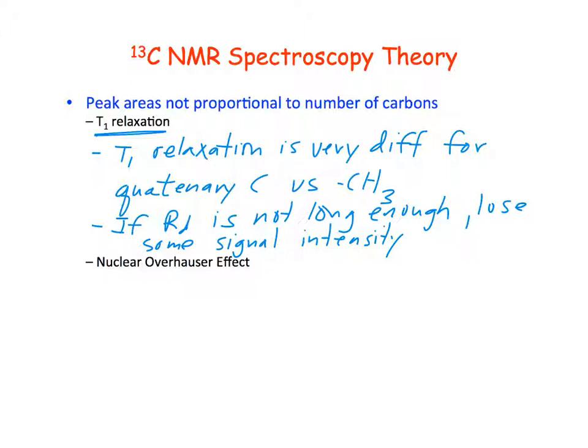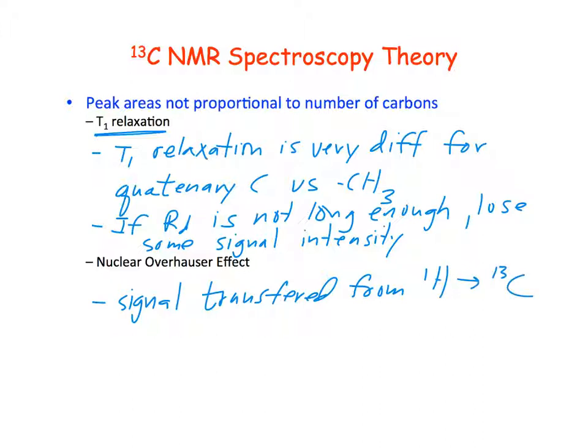All right, so the other reason here is what I already mentioned, this nuclear Overhauser effect, and this involves signal transferred from the protons to the C13. So it enhances that signal, and usually it's greatest the more hydrogens we have attached.